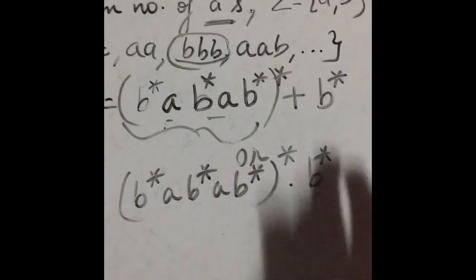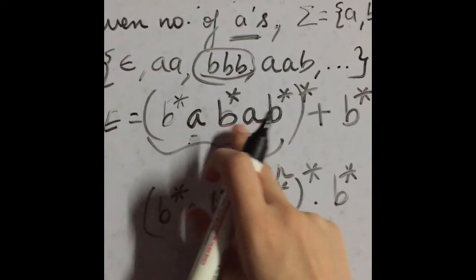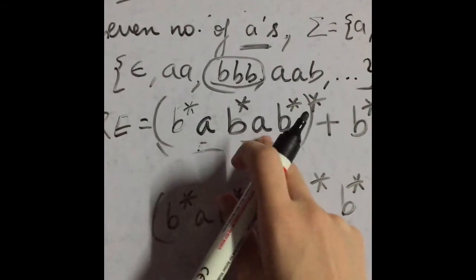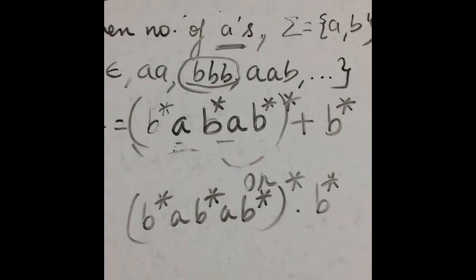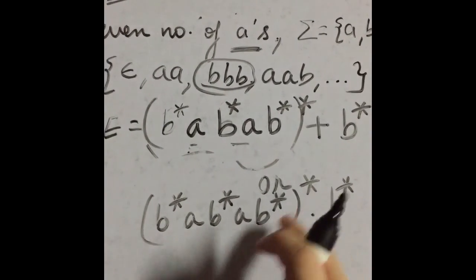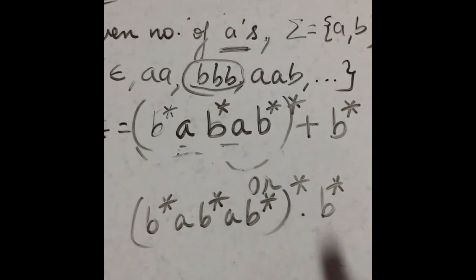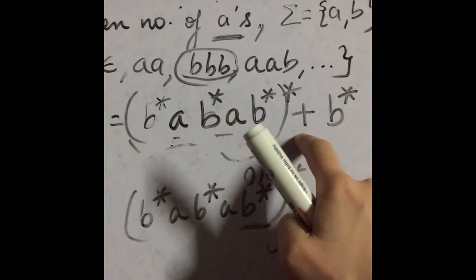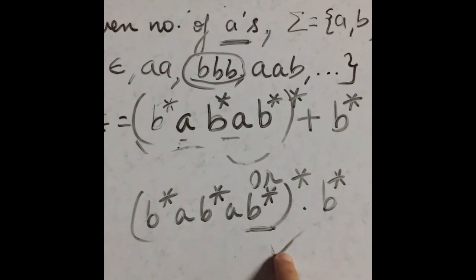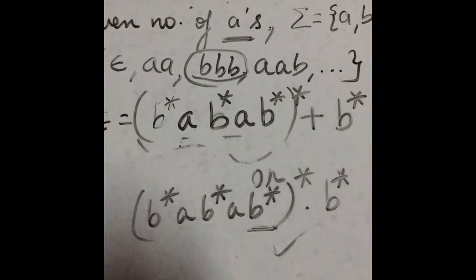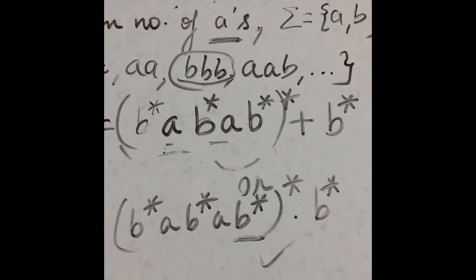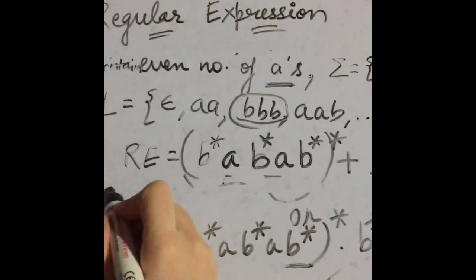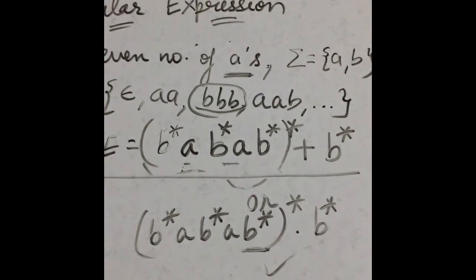Both are correct, because we also define b star in between every a. If this is over, then any number of b's can occur, so you can also produce any number of b's from here. Concatenation and union work the same in this. Both accept the same strings, no change. So this is the regular expression for an even number of a's.